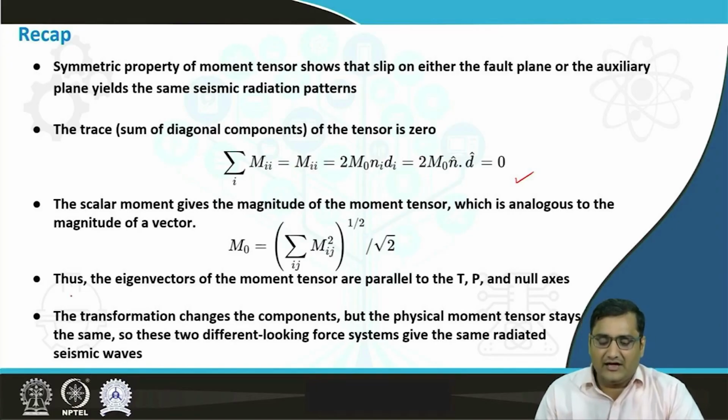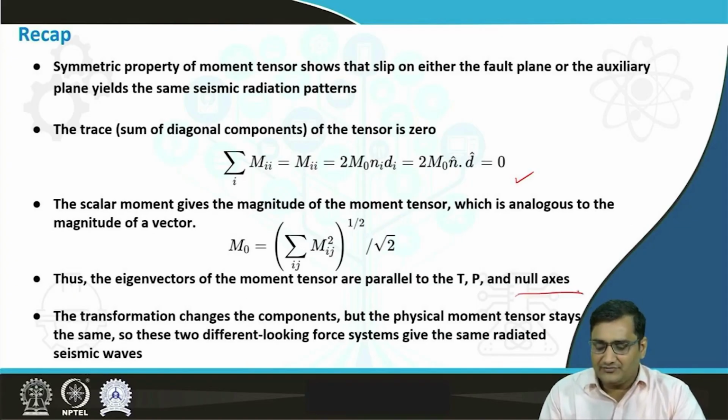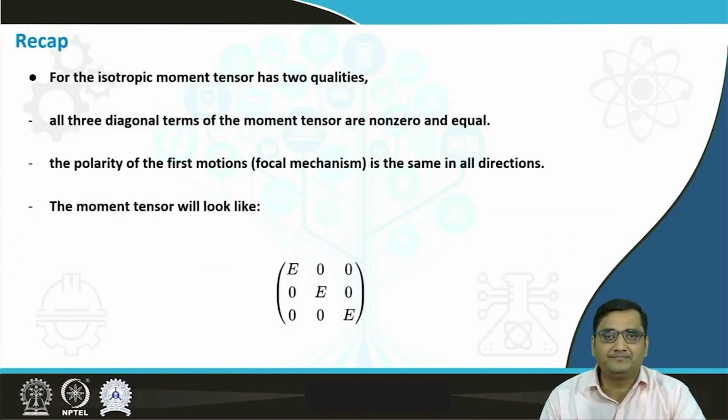Thus, the eigenvectors of the moment tensor are parallel to the tension, pressure and null axes. The transformation changes the components, but the physical moment tensor stays the same. These two different looking force systems, in the previous coordinate system and in the rotated coordinate system, will give the same radiation pattern of the seismic waves.